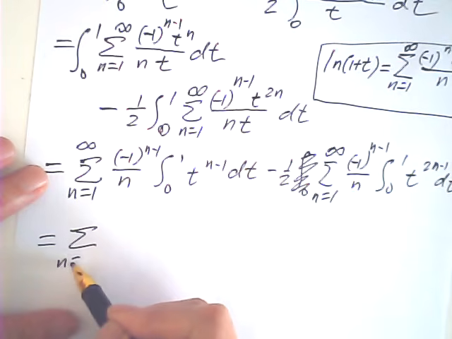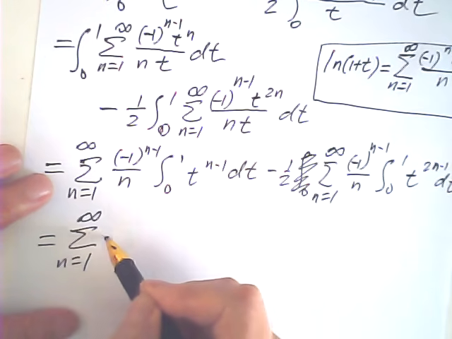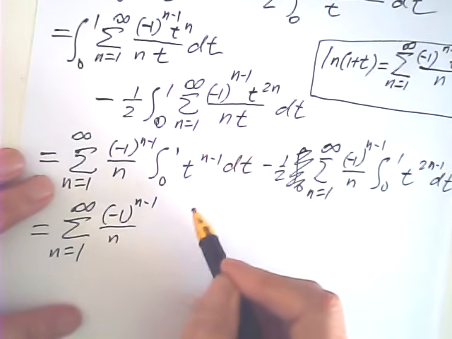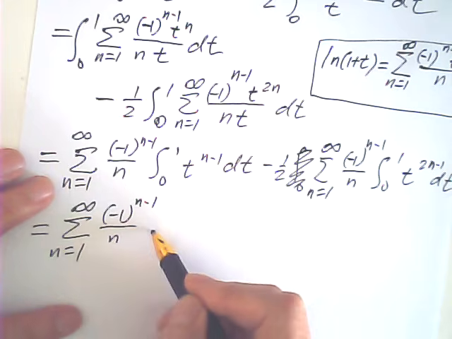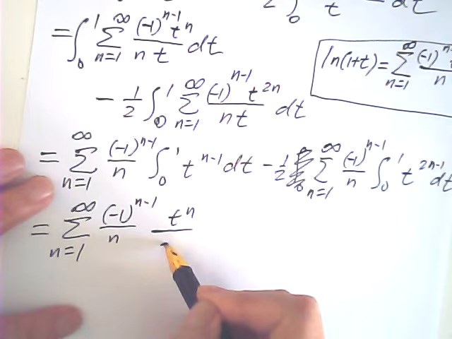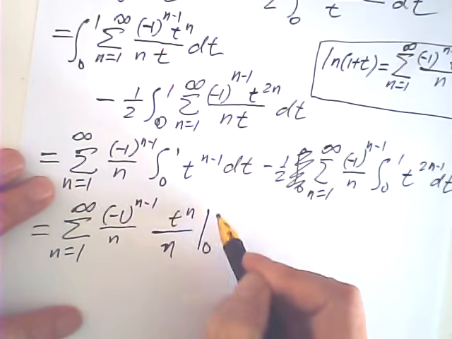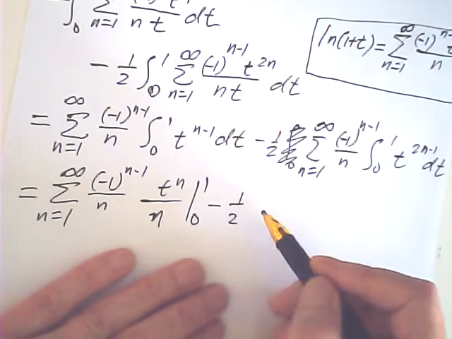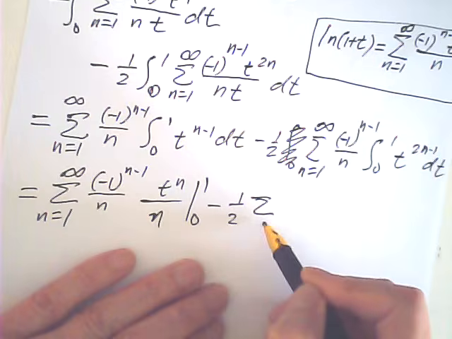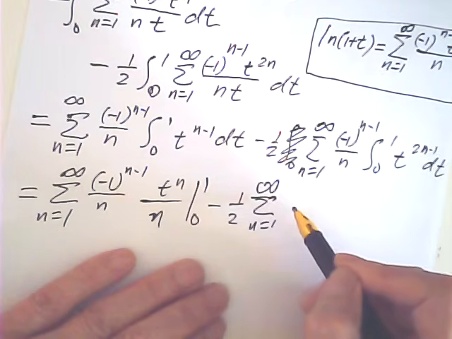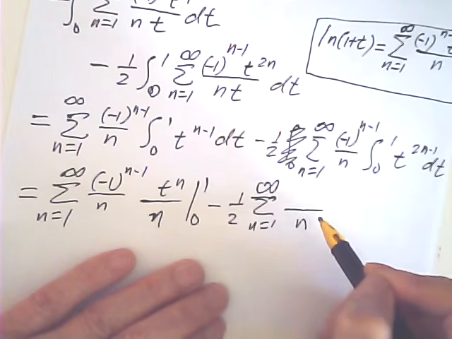So this one equal to sigma n from 1 to infinity. This integral is t to the n plus 1, right, over n plus 1, minus 1 half sigma n.